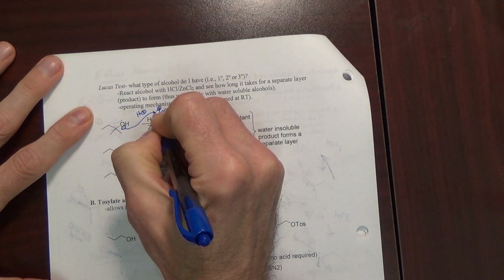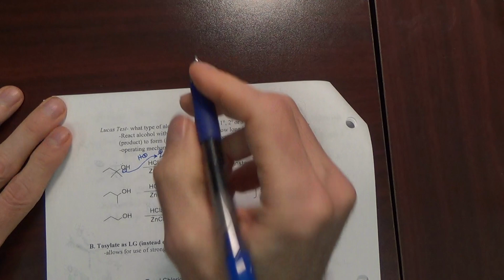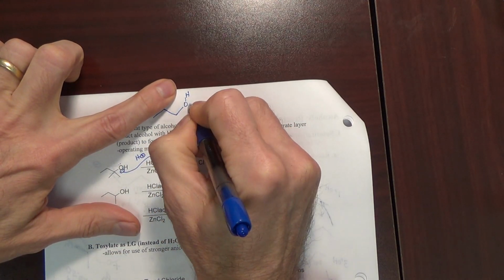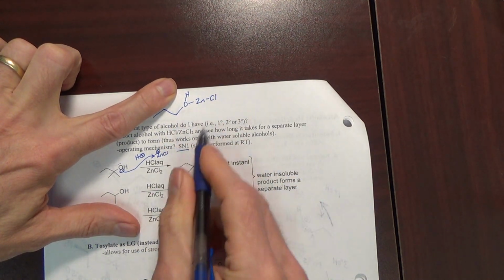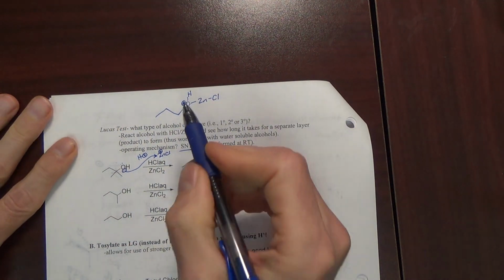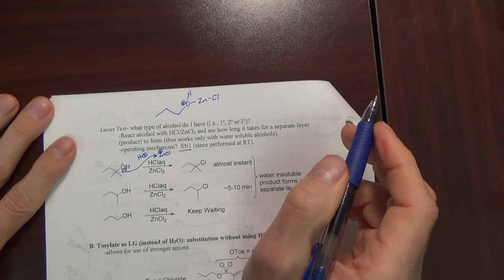Okay? And if we show this zinc covalent, we can get a positive oxygen like this. All right.